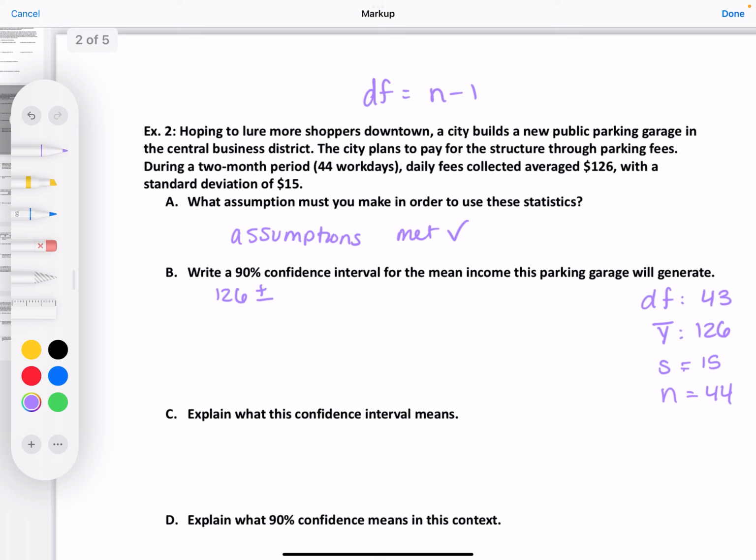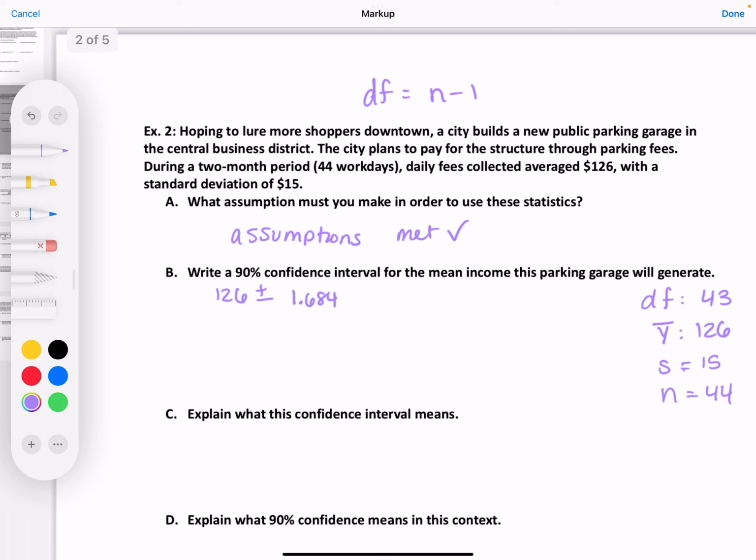Now we need to go back over to that t table. The t star for df, we're looking for the t value for the degrees of freedom being 43. We have to go down to 40 because 43 is not on there, but 40 is. So you find 40 degrees of freedom, and your 10% is in that second column: 1.684.